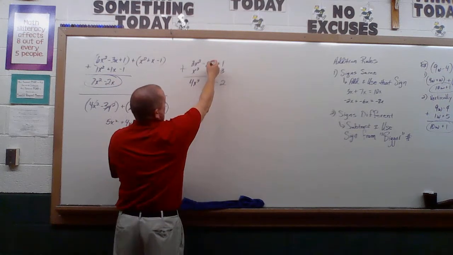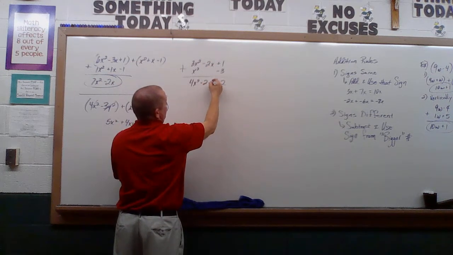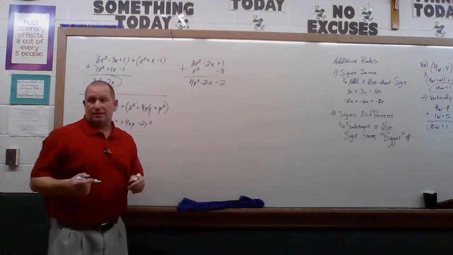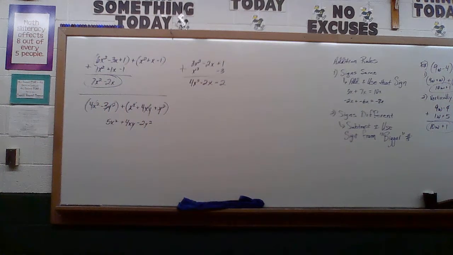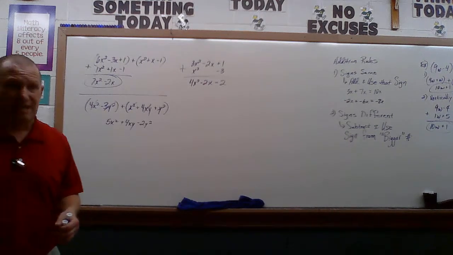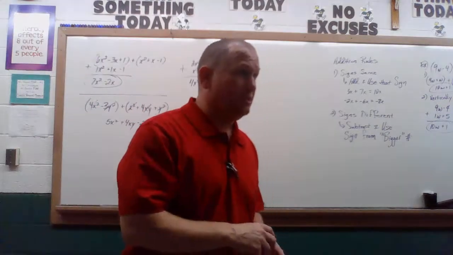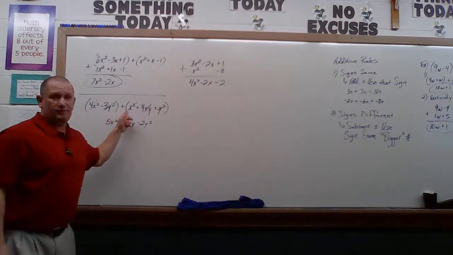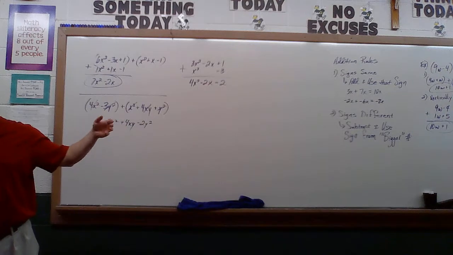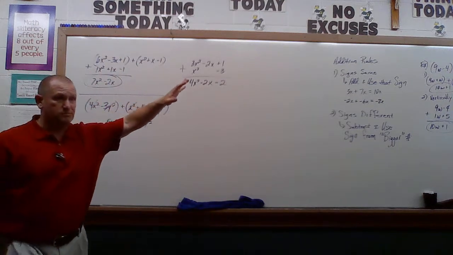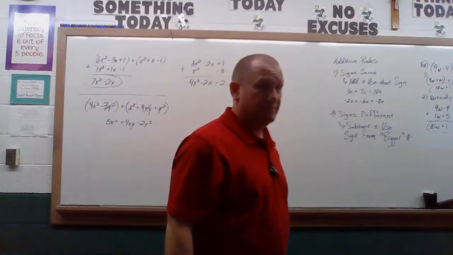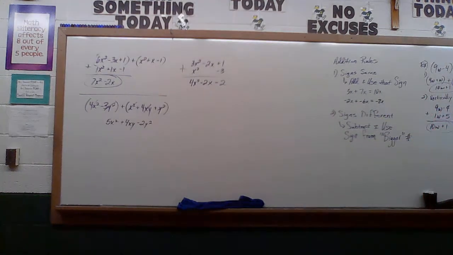And then I know that this other term would just come straight down. So again, to me, the vertical way is probably the easiest, especially at the beginning when you're getting the hang of it. But again, by the time you see me the next time in geometry, you won't even be writing this down. You'll just be doing the problem. Okay? In 3 years, that's probably okay.